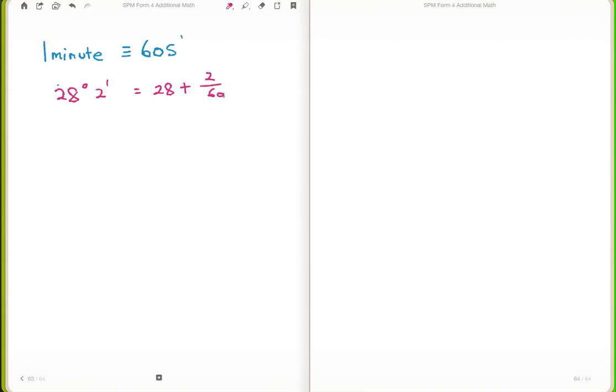That would be equals to 28 degree 0.033 degree.